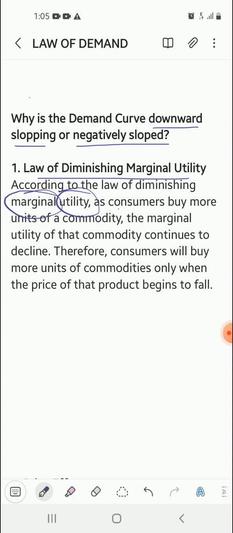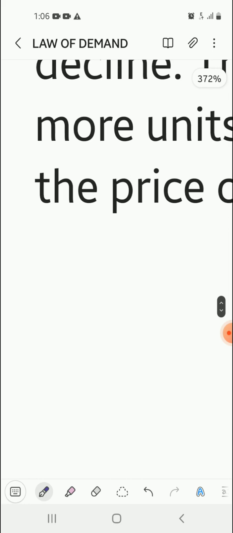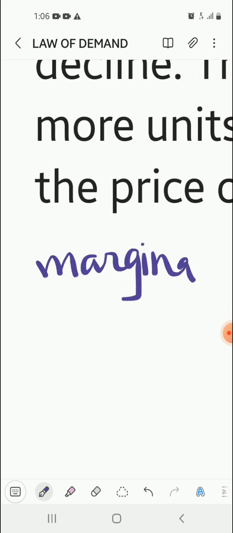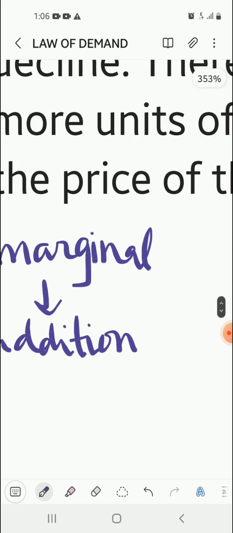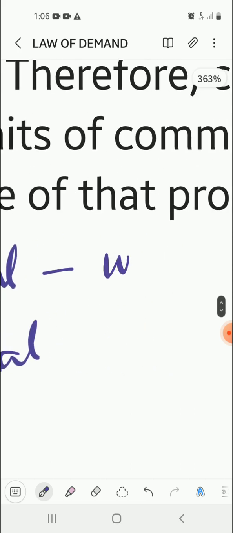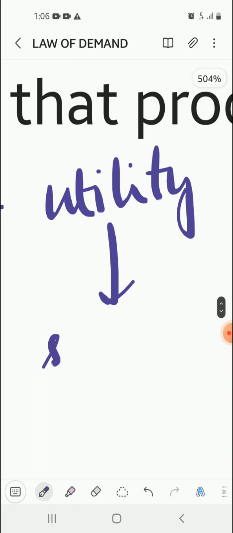First is marginal and another is utility. First of all, marginal means additional, and utility means satisfaction.